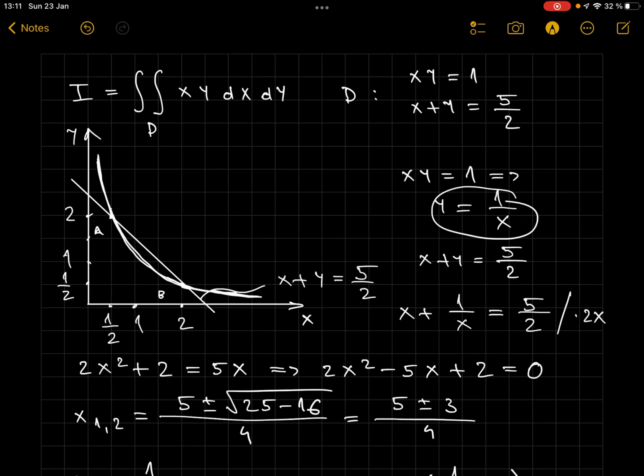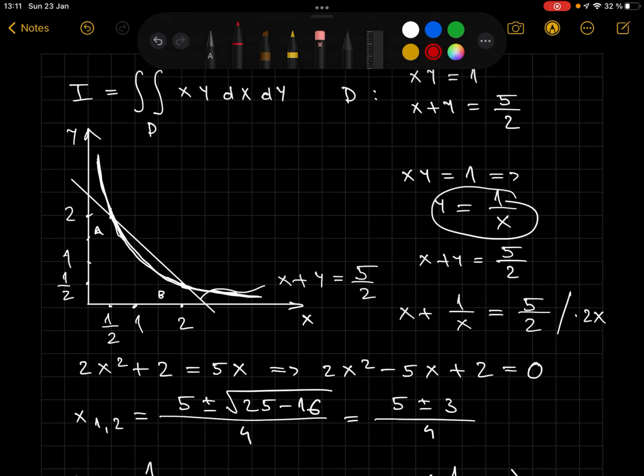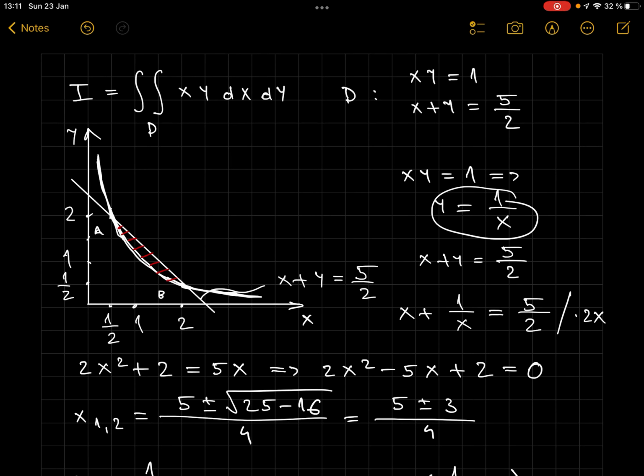So our region D, over which we're calculating our double integral, is marked with red lines as such. And this here of course is y equals 1/x.